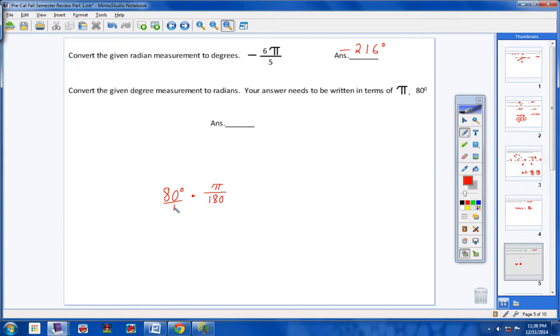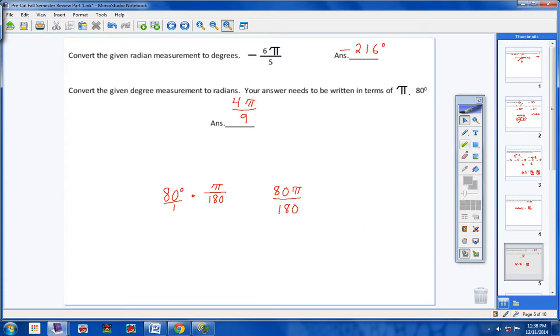So put this over 1. 80 times pi is 80 pi. 1 times 180 is 180. Now, with your calculator, just simply reduce that fraction, and you'll get 4/9. So your answer is 4 pi over 9. Okay, 80 over 180 reduces to 4 over 9.